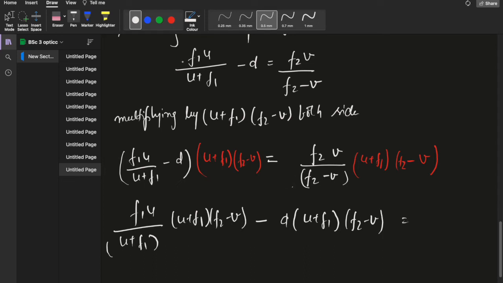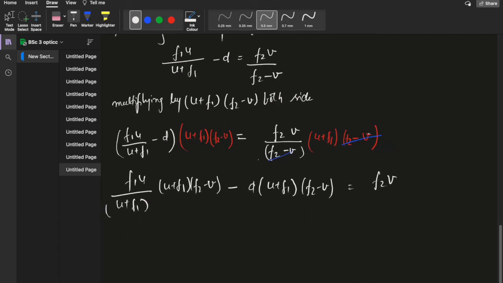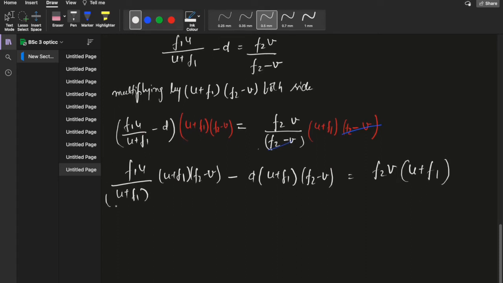Now I can cancel this term here, so the right hand side term becomes F2V, and this becomes U plus F1. Good. Now just simplify here. I think this term cancels out, so the final term is F1U.